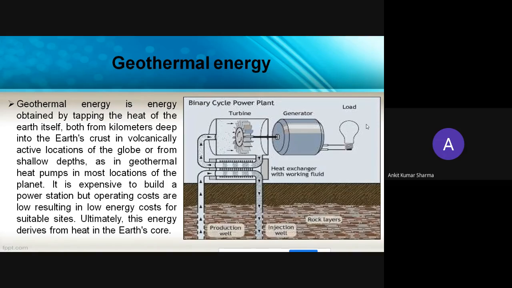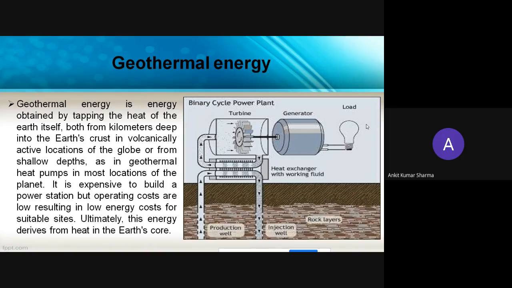Geothermal energy is energy obtained by tapping the heat of the earth itself, both from kilometers deep into the earth crust in volcanically active locations of the globe, or from shallow depth, as in geothermal heat pumps in most locations of the planet. As the name indicates, geothermal combines the two words geo plus thermal.